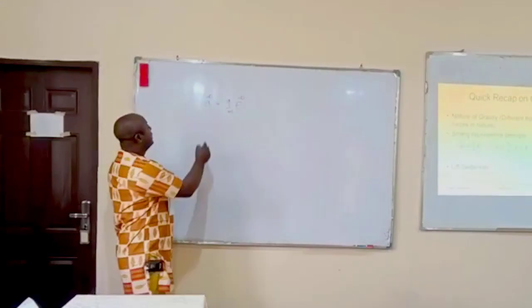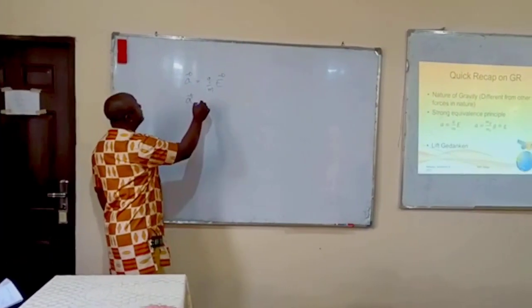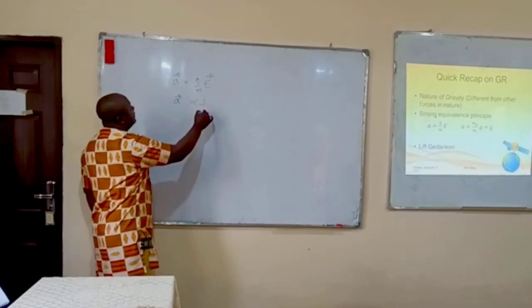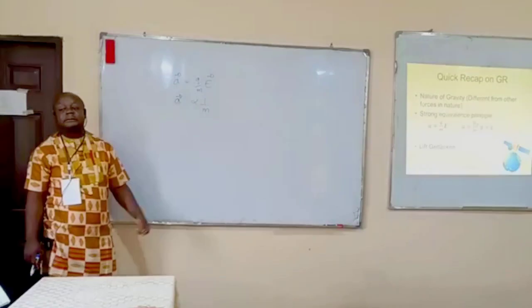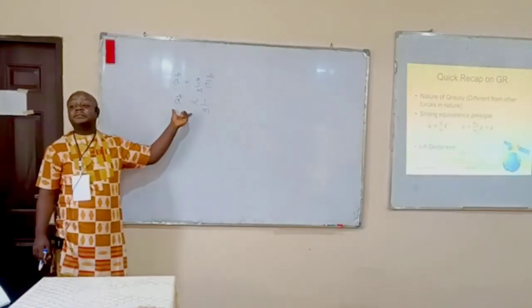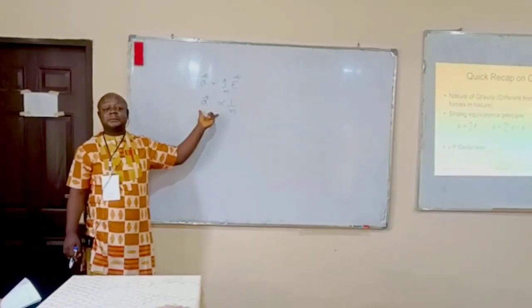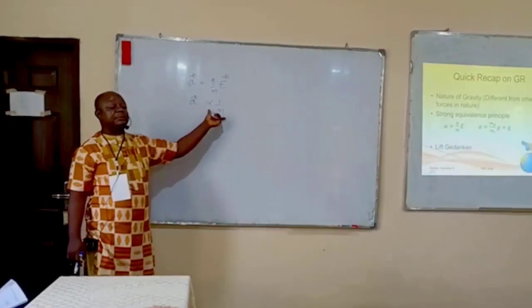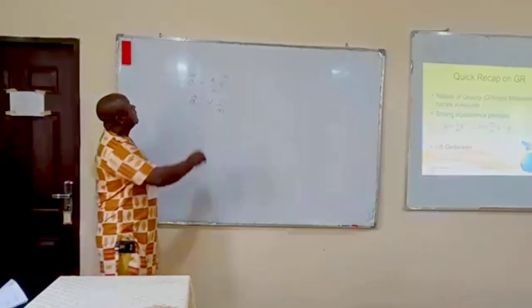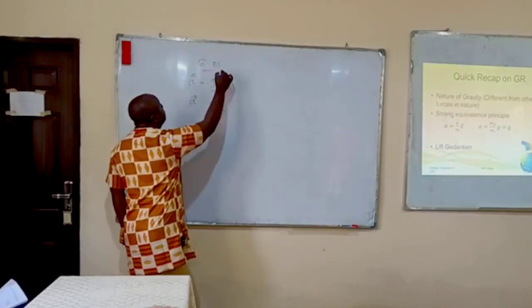So you can easily see that acceleration is inversely proportional to mass in an electromagnetic field. Are we together? Acceleration is inversely proportional to mass. This is in an EM field.